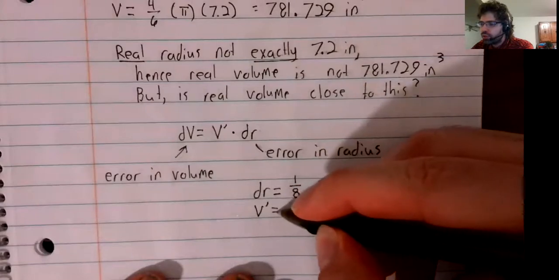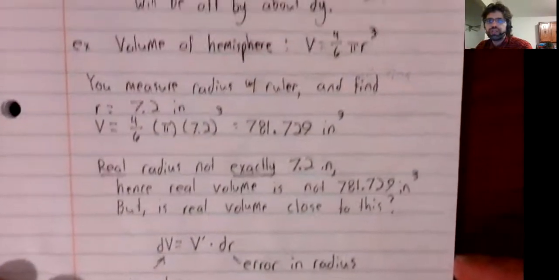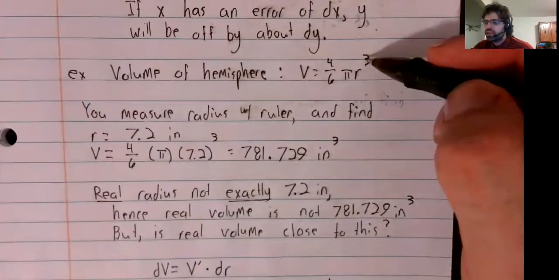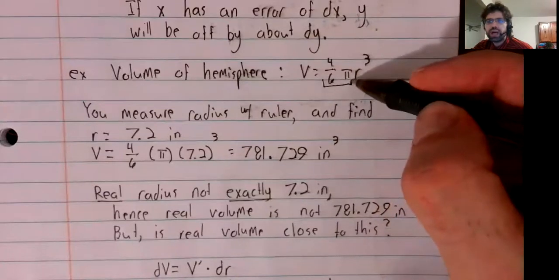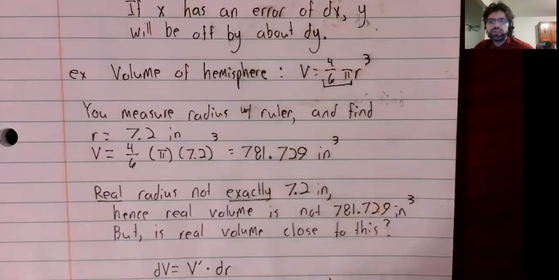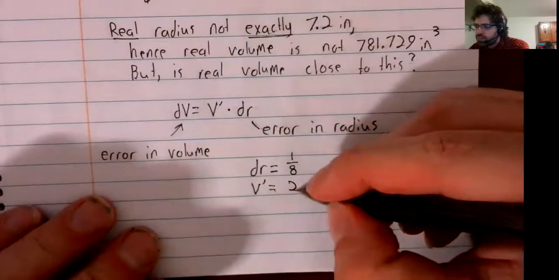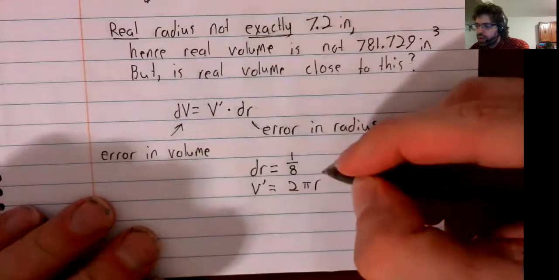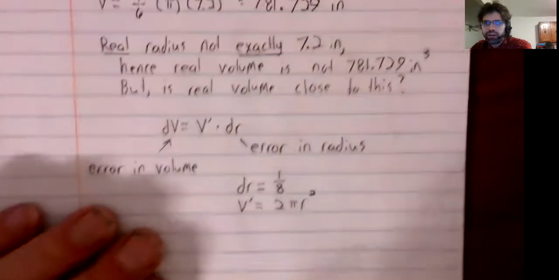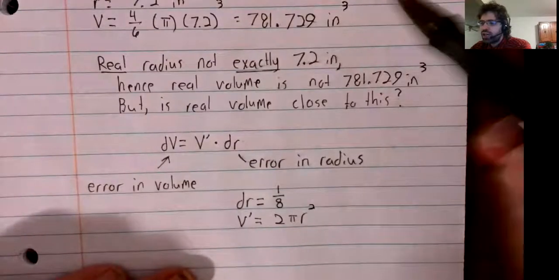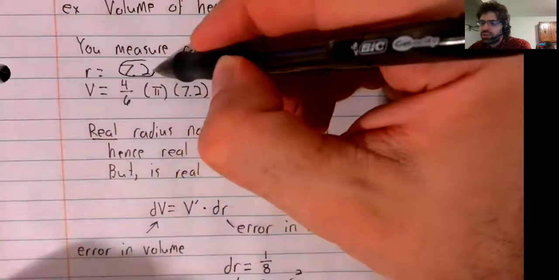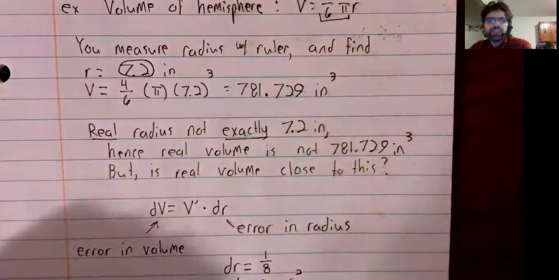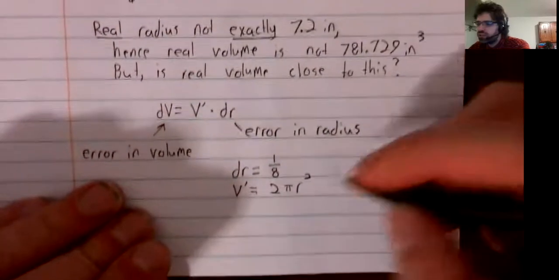The volume has as its derivative, we use the power rule, this 4/6 pi is a constant. It will just stay up front. 2 pi r squared, and r, as we've measured it, is 7.2 inches.